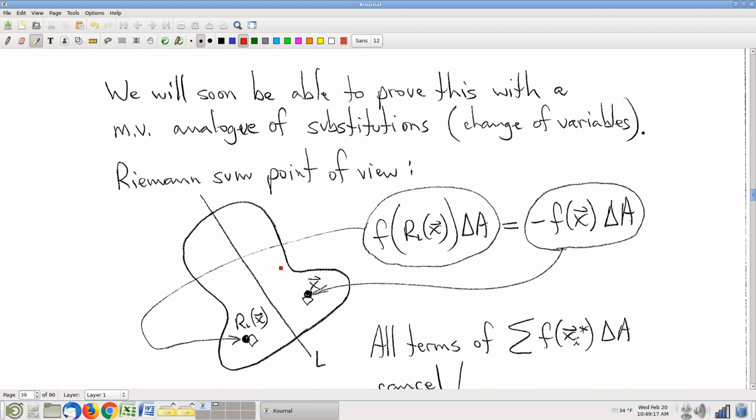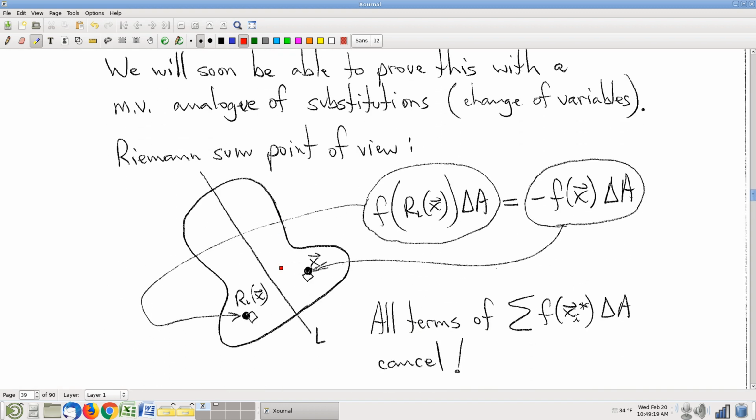Okay, a quick argument as to why it works. I think the analogy is very strong. But imagine a symmetric domain, for example, this sort of sunfish-looking domain there. You could imagine two different terms. We've got, let's say, the term corresponding to that piece sitting inside of our Riemann sum. Then we've got a term corresponding to what you might call the reflection piece, also inside of that same Riemann sum.